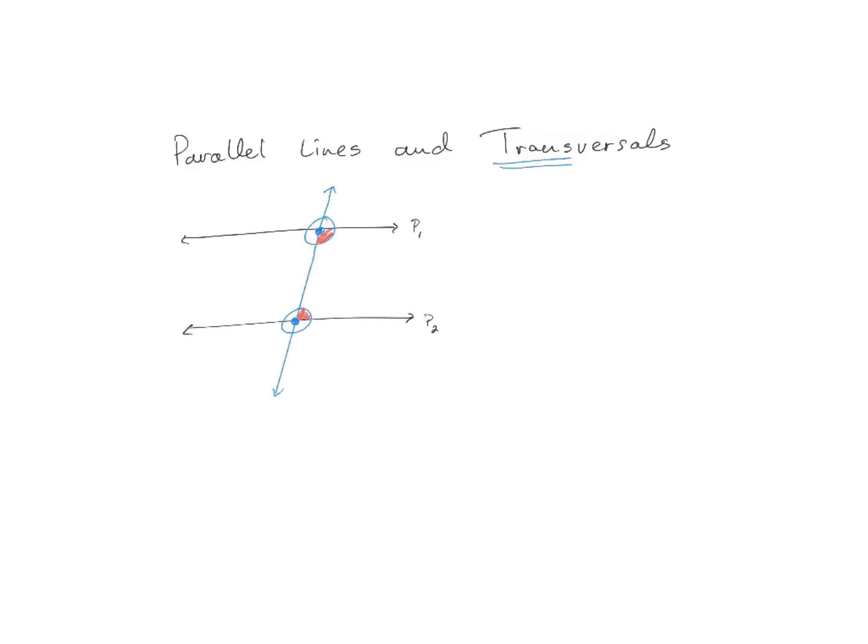The idea is that if these two angle measures, let's say 140 and 40, add up to 180 degrees, then these two lines will never intersect. If these two same side consecutive interior angles are supplementary, they'll never intersect.